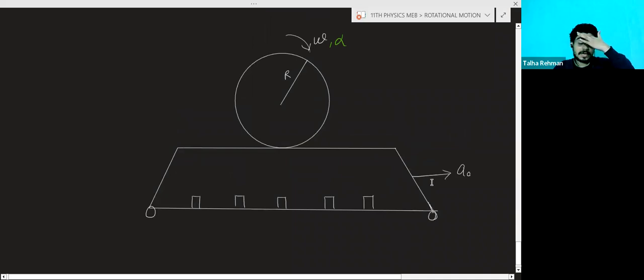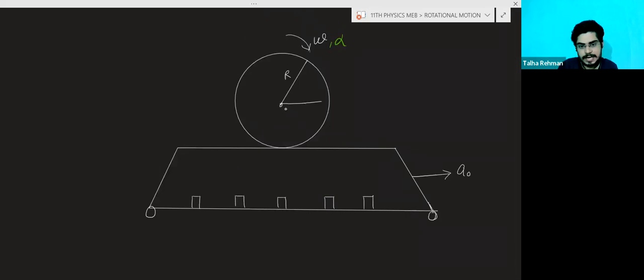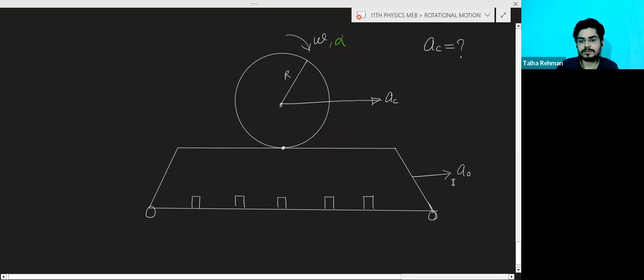Now this platform is having the acceleration of A naught, and this body has the acceleration of center of mass AC. So this is the point of contact. Now we have to find AC, the value of AC in terms of A naught.